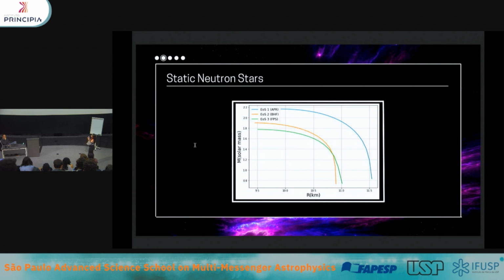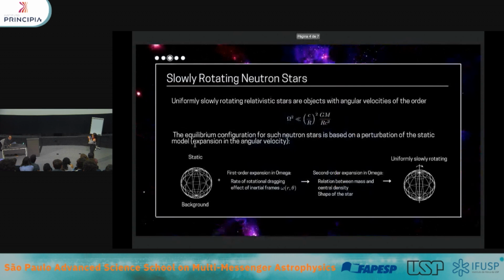I used my code to reproduce it, and please, next one. In the case of slowly rotating neutron stars, which are stars with this magnitude of angular velocity, we can calculate the equilibrium configuration using an expansion in the angular velocity up to second order.